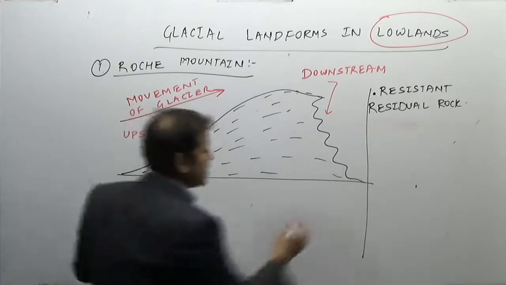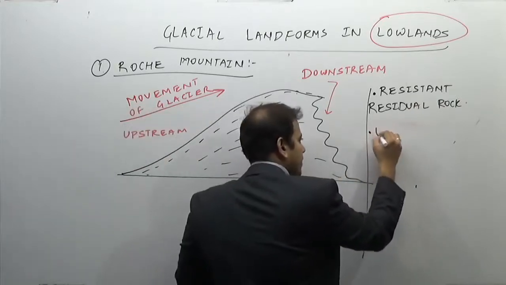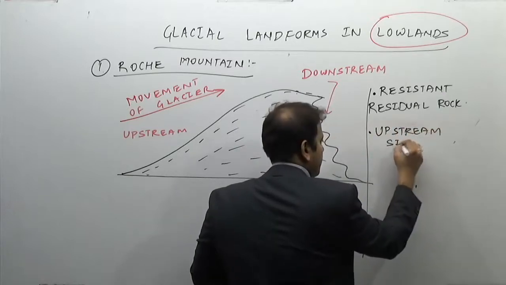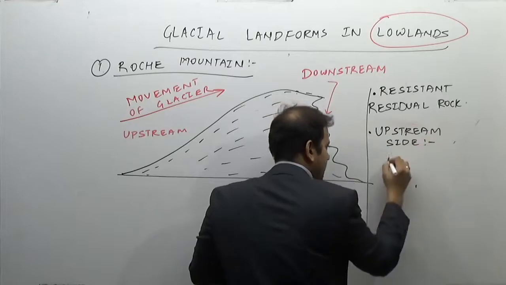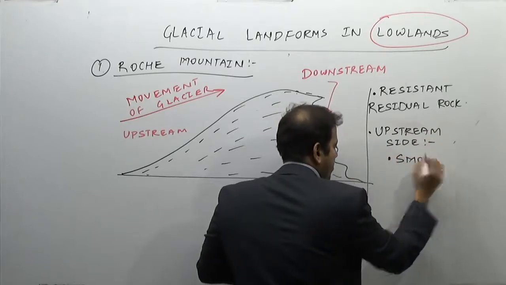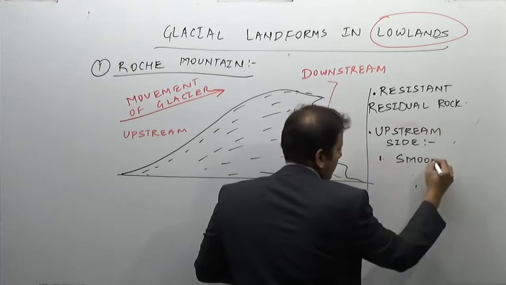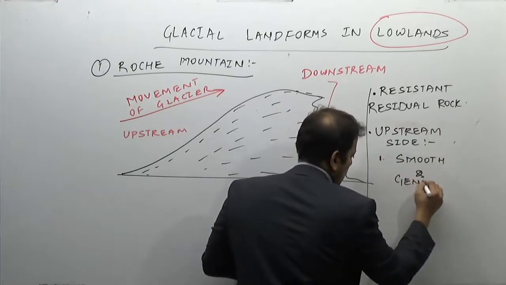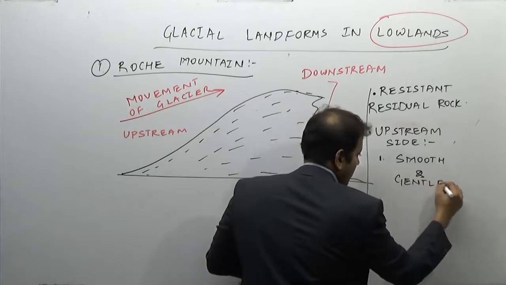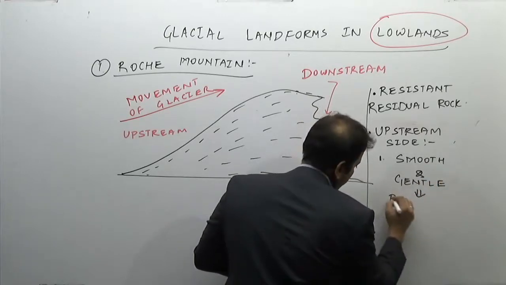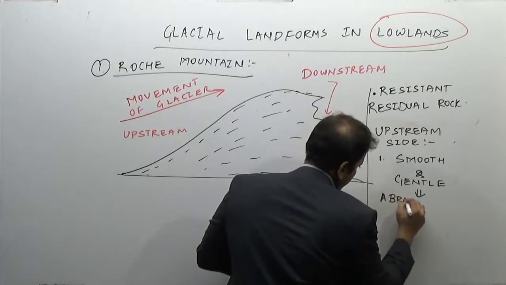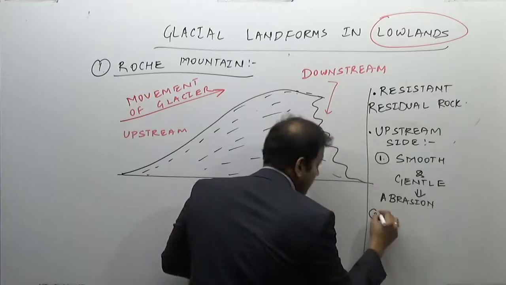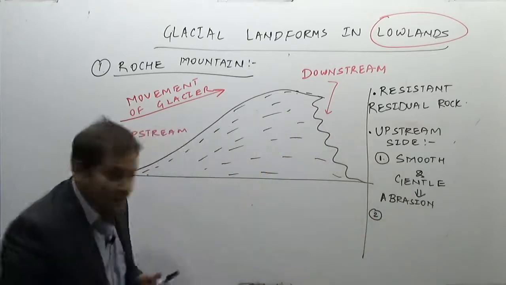The upstream side, how is it? Smooth and gentle, by the process of abrasion. How is the downstream side?